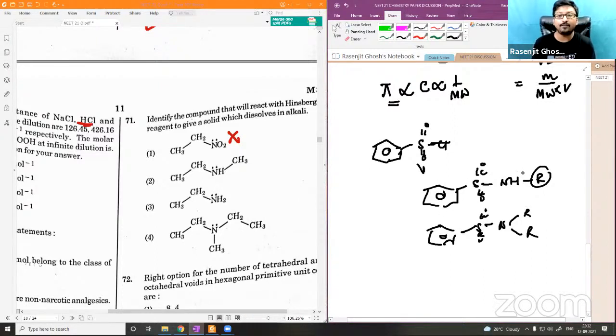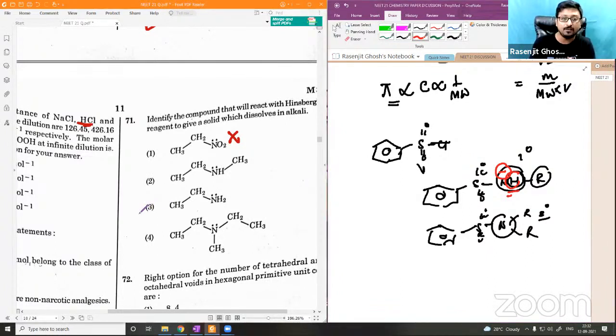Now, a tertiary amine will definitely not react, because there is no hydrogen that can be removed here. In the primary amine product there is a hydrogen, so if you give an alkali in the medium, it can produce an anion and make a salt, and definitely it is going to be solubilized in the alkali.